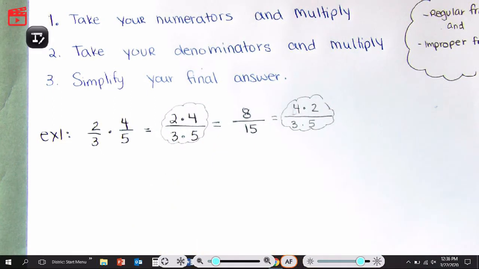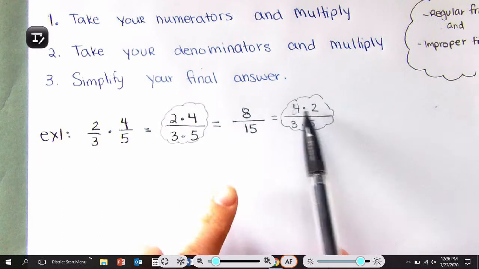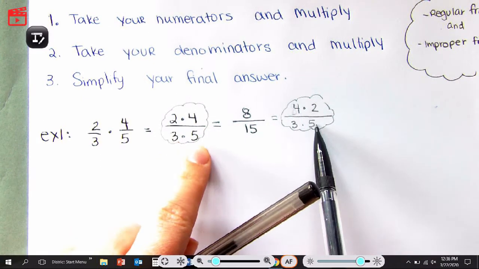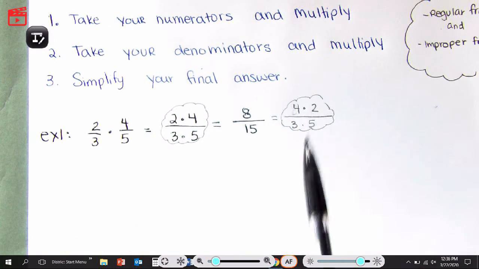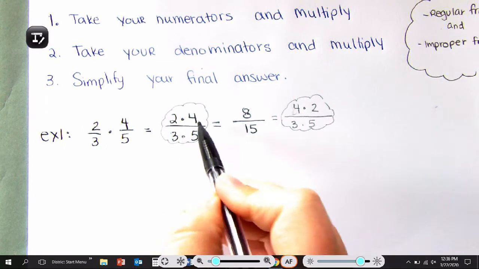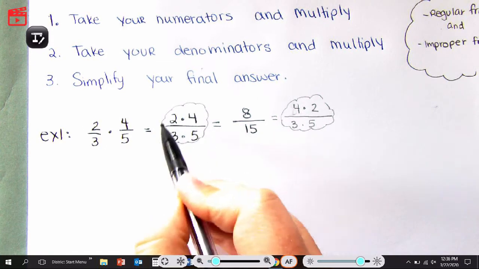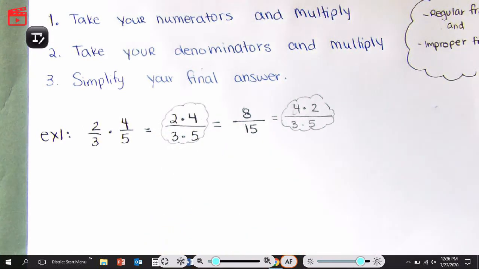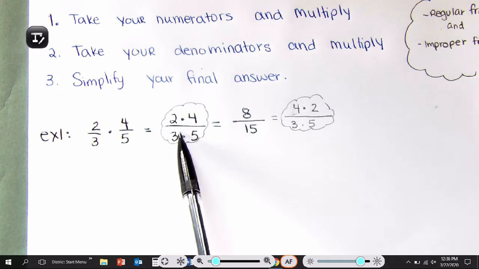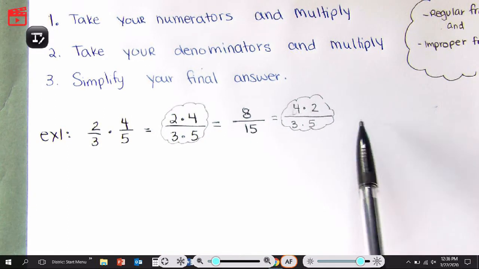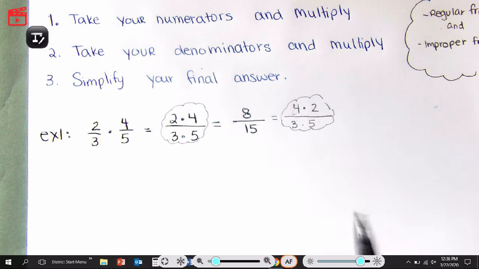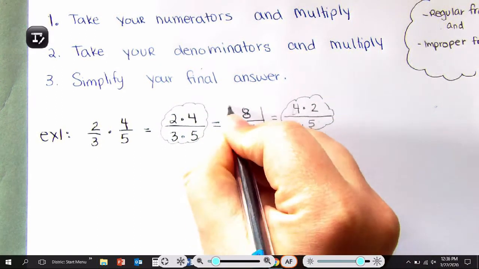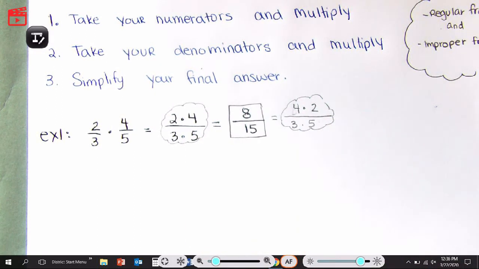You notice something? They're the same. 4 times 2, 4 times 2, 3 times 5, 3 times 5. So if you have a number that's the same on top and bottom here, you can simplify in this step. You don't have to wait towards the end. But in this case, there are no matching numbers, so 8/15 is our final answer.